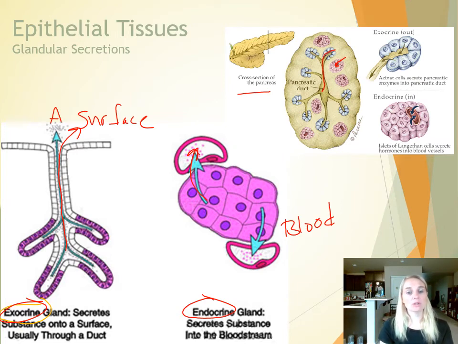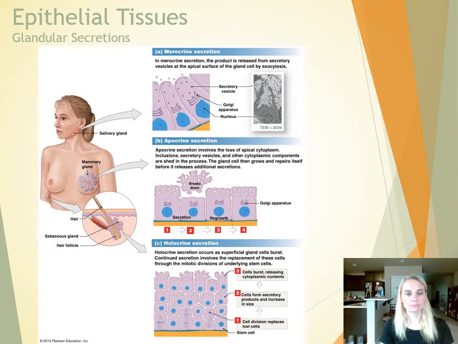All right, so those are different types of secretions, exocrine versus endocrine. We have a whole chapter of endocrine we're going to cover in 232, so we're going to focus primarily on the exocrine for the rest of this chapter and this discussion.